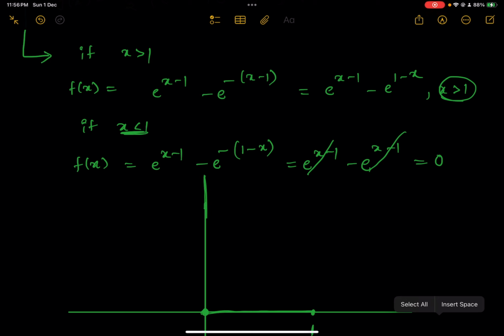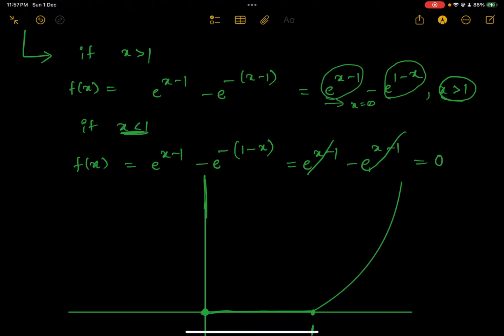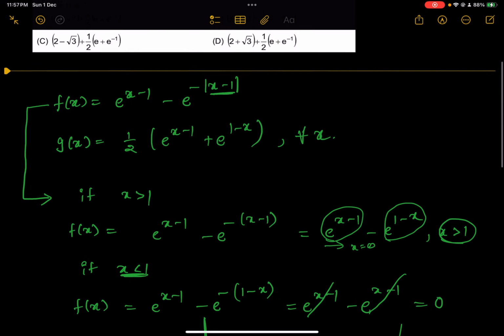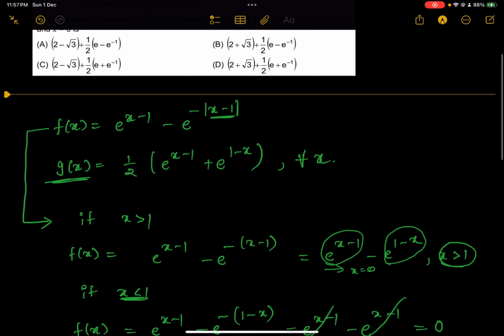After this, the function will go something like this, because when you put x equal to infinity, this term will go to infinity and this term will go to 0, so the total will go to infinity. And let us go back to g of x. When you put x equal to 0, g of 0 is equal to half into e to the power minus 1 plus e.